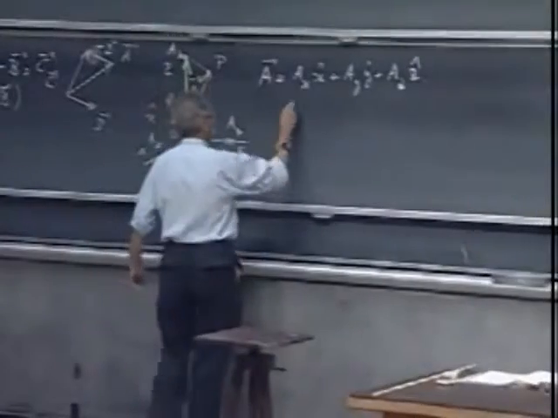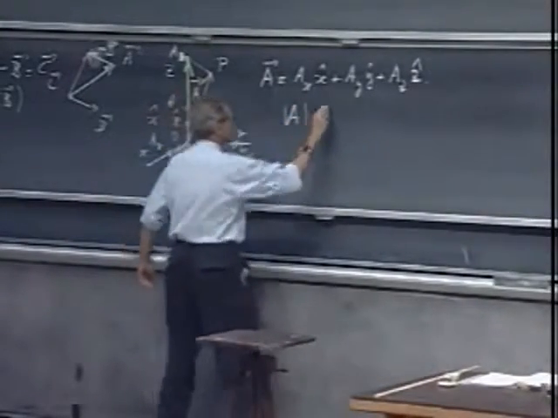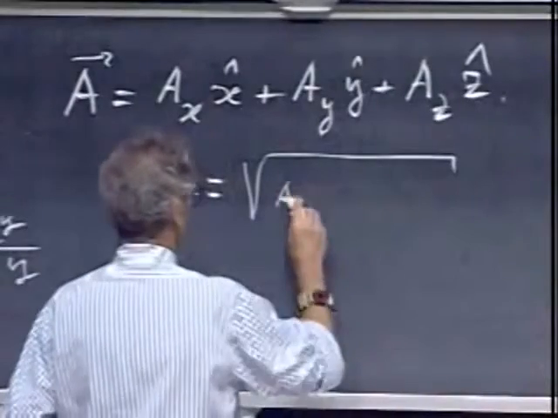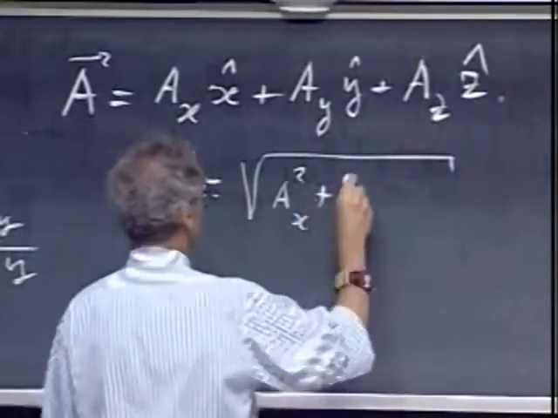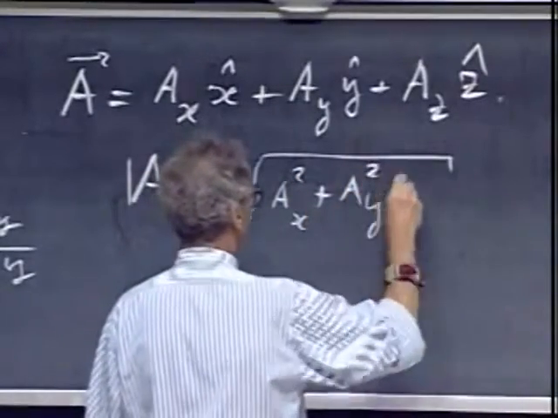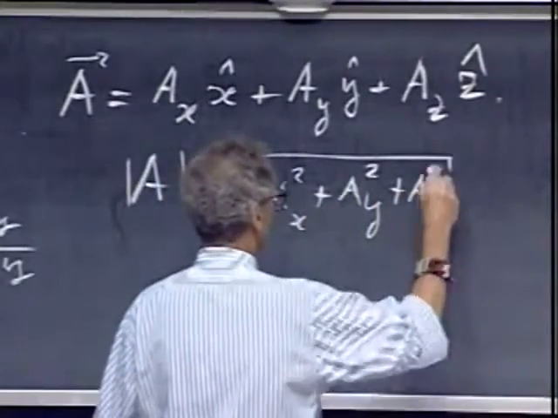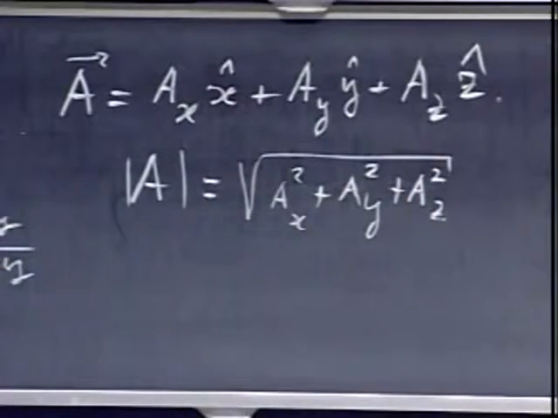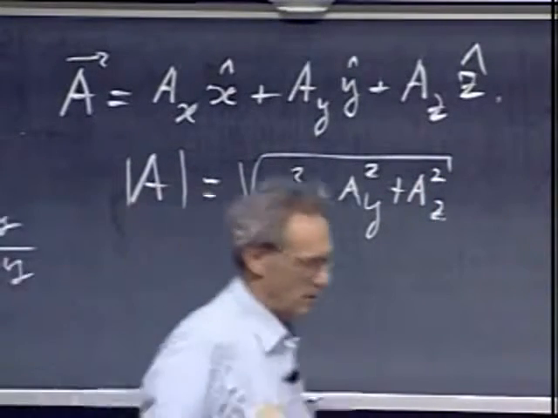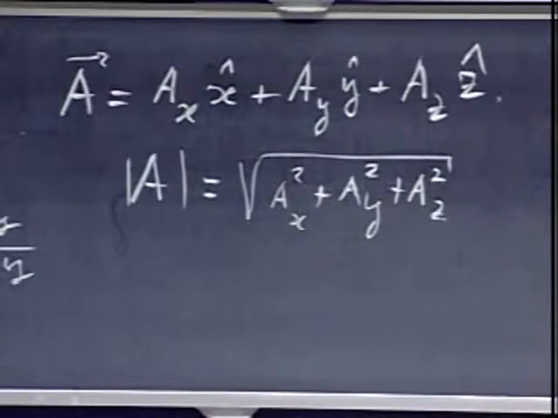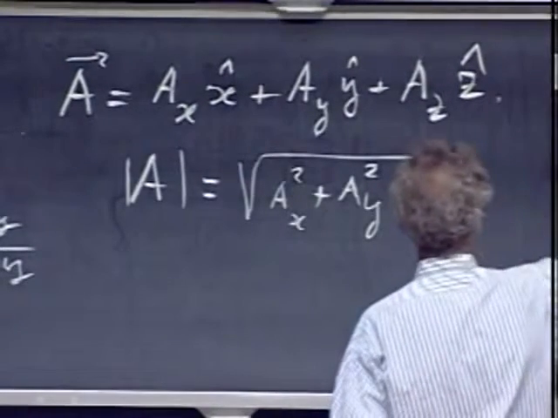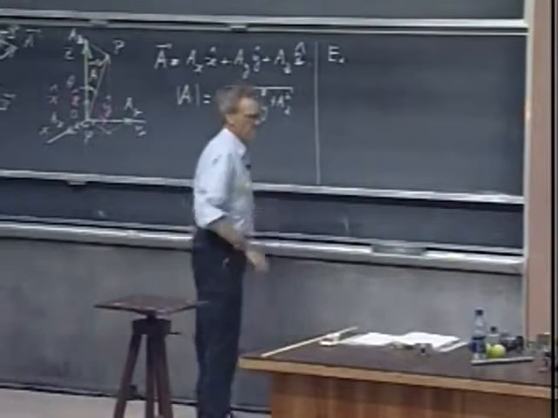The magnitude of the vector is the square root of A of x squared plus A of y squared plus A of z squared. And so we can take a simple example. This is just an example to see this in action.